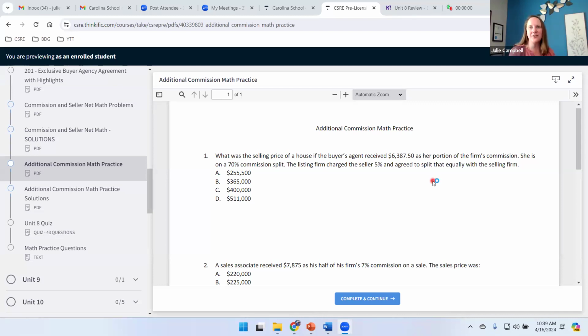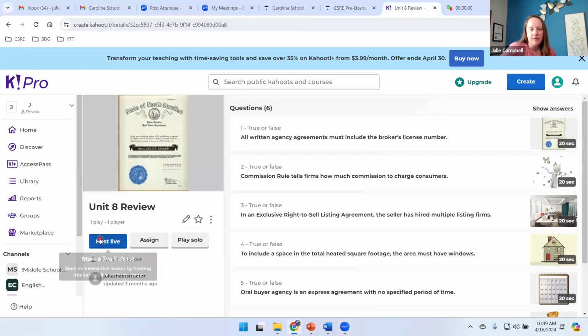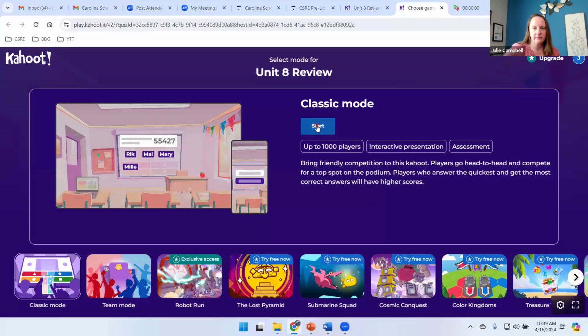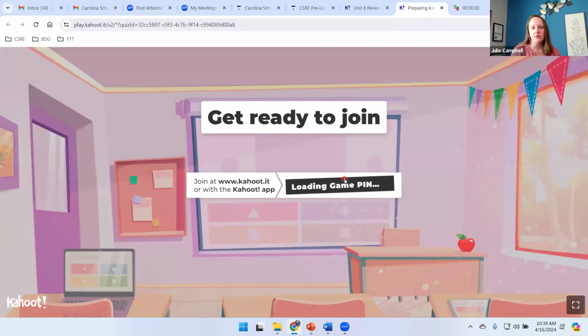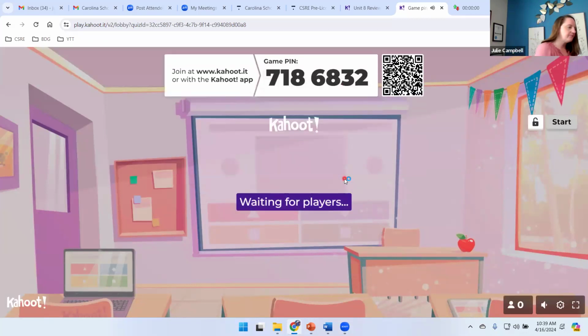All right, let's Kahoot, officially wrapping up agency. This is another true and false, just specific to Unit 8. A quick little review of true, false, and what we learned from Unit 8. You can join. Here is your QR code, the easiest way to get to it.